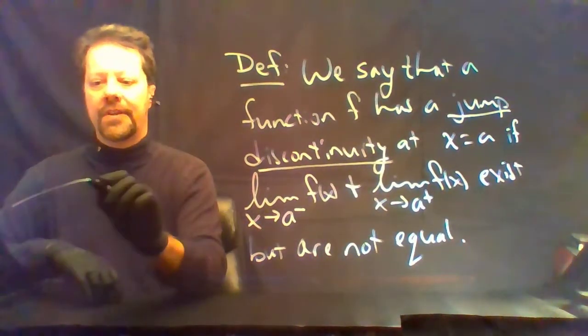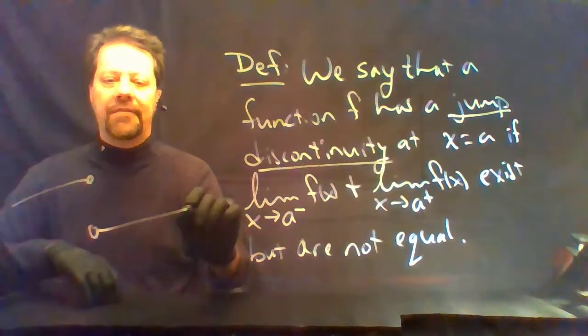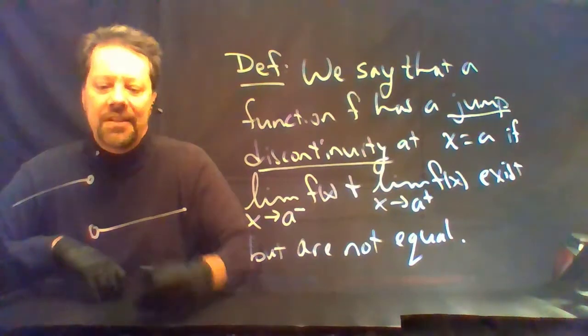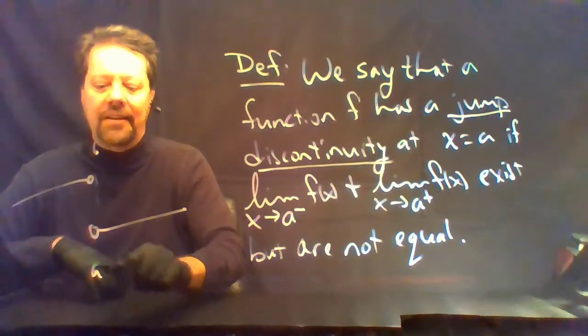So if the function has a limit from the left and a limit from the right, but the limits are not the same, then the function has a jump discontinuity at that value.